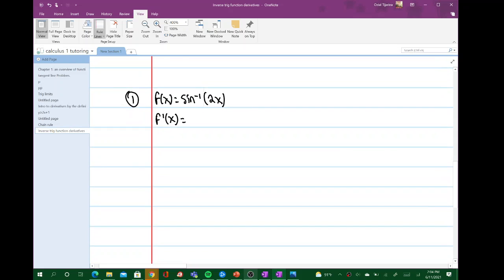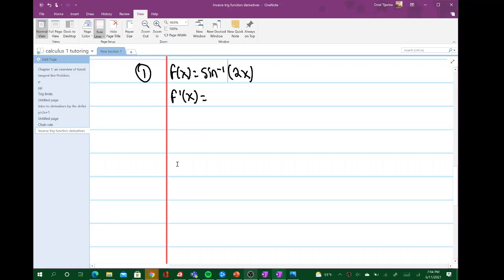So you would say that u is equal to 2x, and u prime is going to be equal to 2, right?